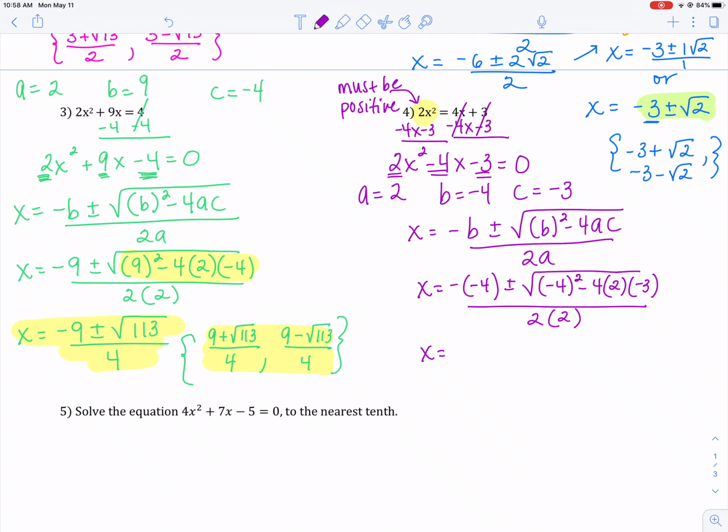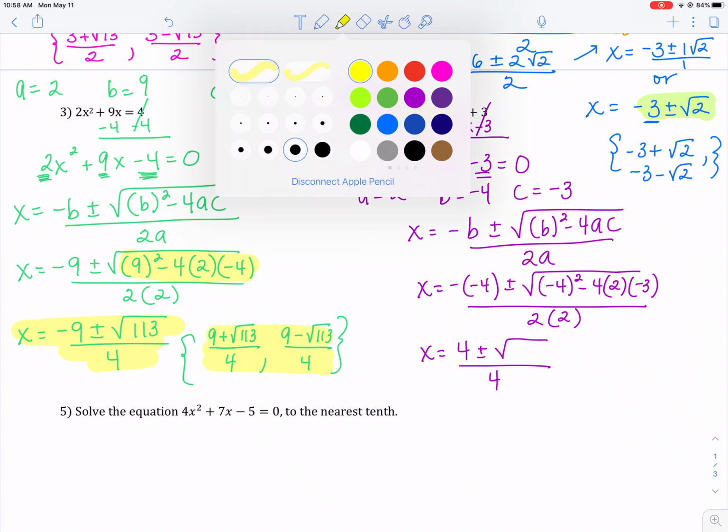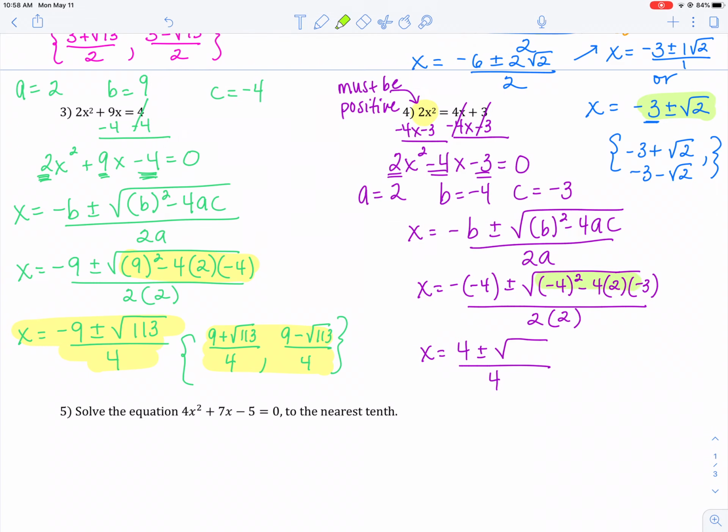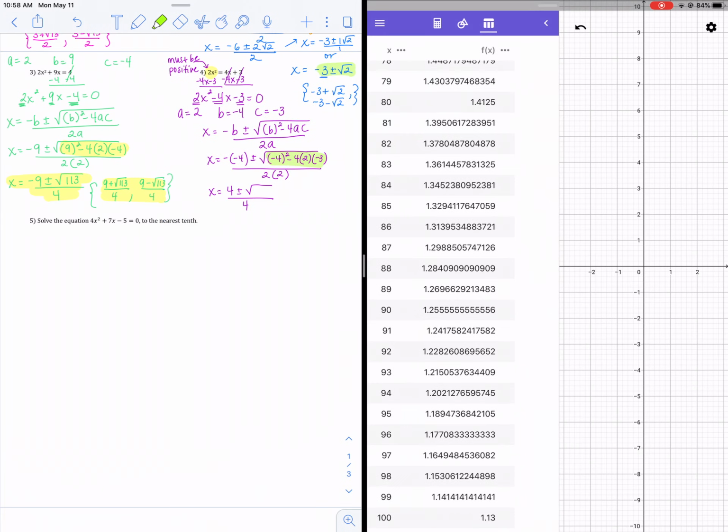So from here, I like to clean it up. Becomes a positive 4, a plus or minus. I'm going to leave the radical blank for a second, and I'm going to put a 4 on my denominator, 2 times 2. And I'm going to do that because when I now go to the calculator to figure out what is going to be that number under the radical.